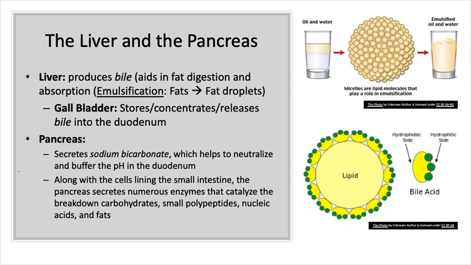So digestive enzymes are produced by the pancreas as well as by the small intestine cells themselves. And together, the enzymes of the pancreas and the small intestine will complete the digestion of carbohydrates, proteins, nucleic acids, and fats. So we're going to finish up our digestion in the small intestine.